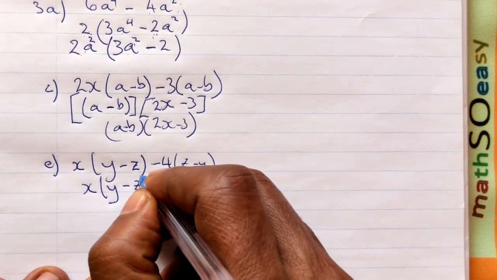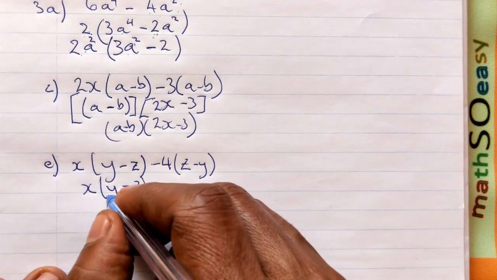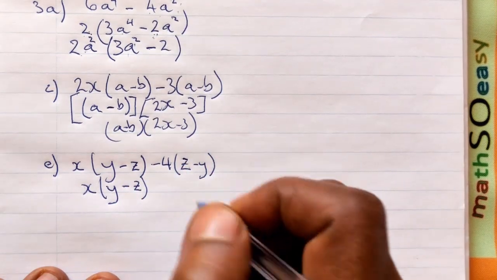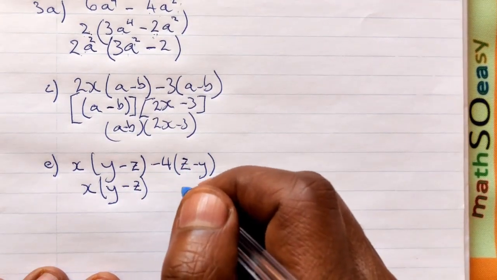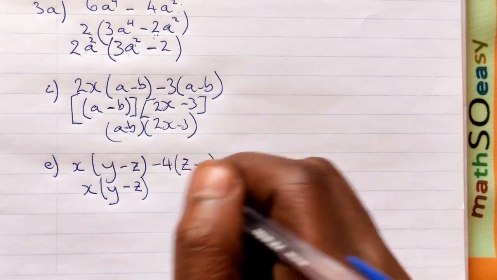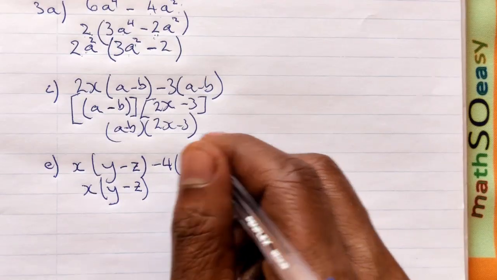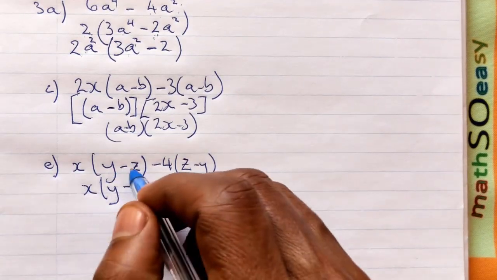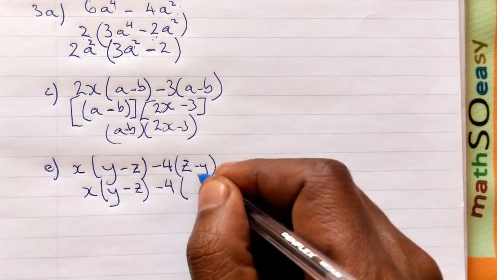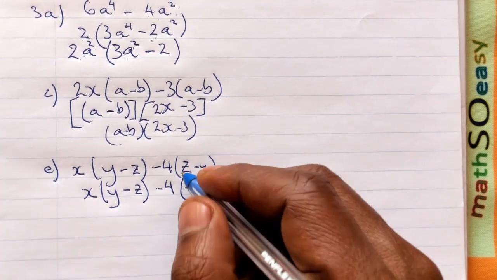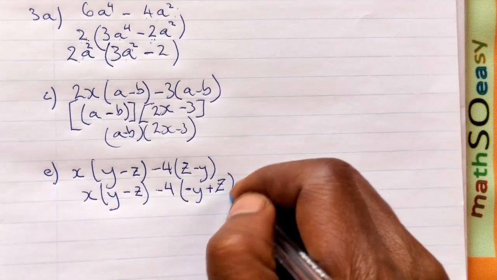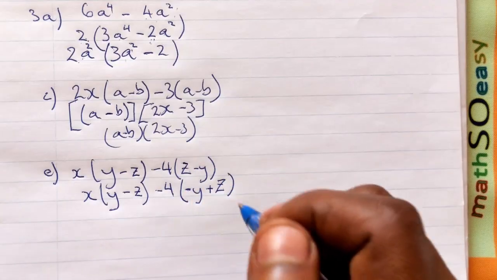So what is happening here? Here I have y minus z, but here I have z minus y. So if I rewrite this, I want to show you something. If I rewrite this to be like this, it is going to be negative 4. And then this negative y must come this side. And here we have an invisible plus. So this and this are the same.